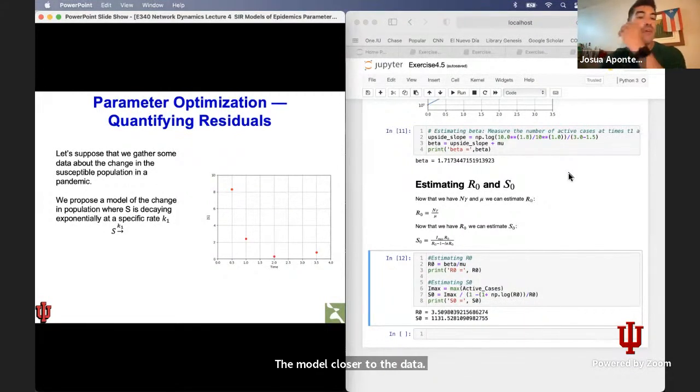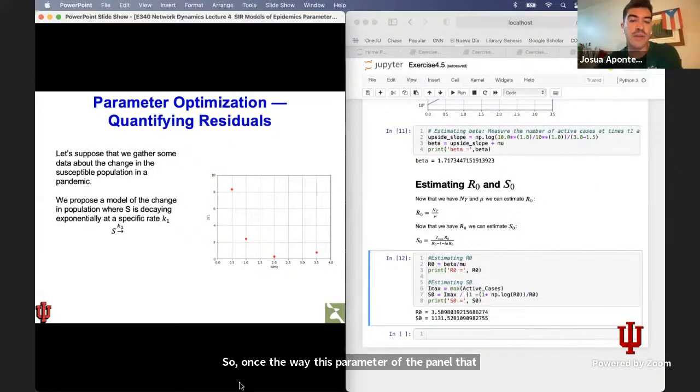The most important concept in parameter optimization is the residual, and the residual is the difference between a model and the data the model is supposed to account for.